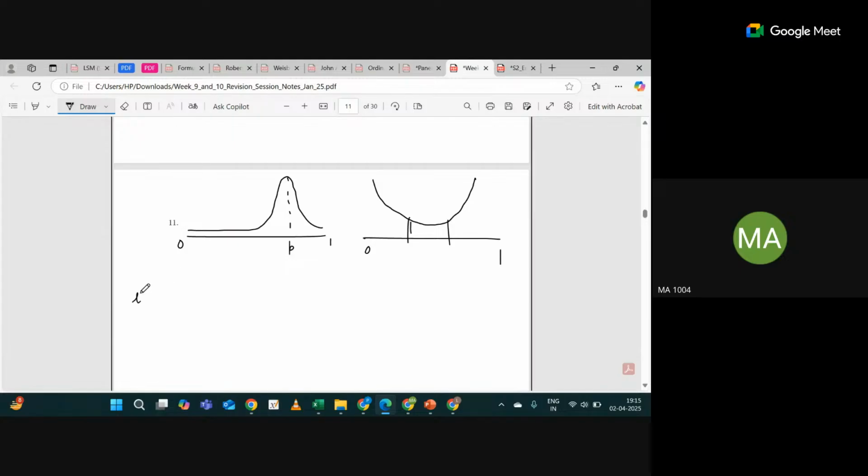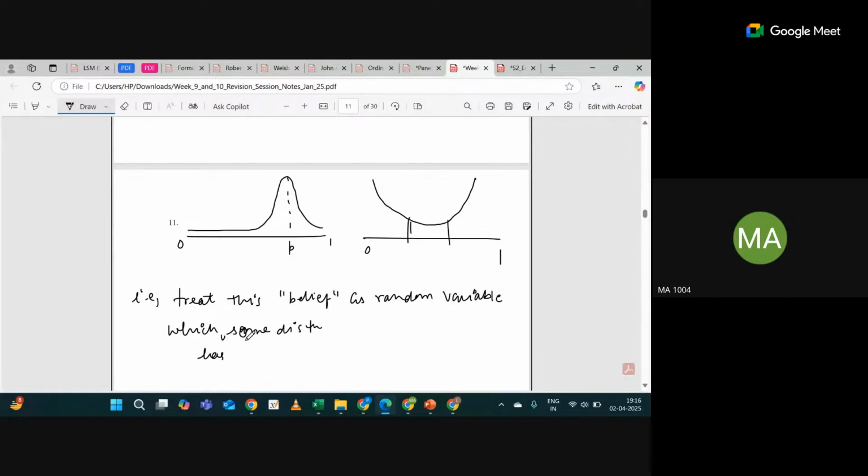So what we are doing is we are treating this belief as a random variable, which has some distribution. If it is a random variable, then it will have some distribution, yes or no?